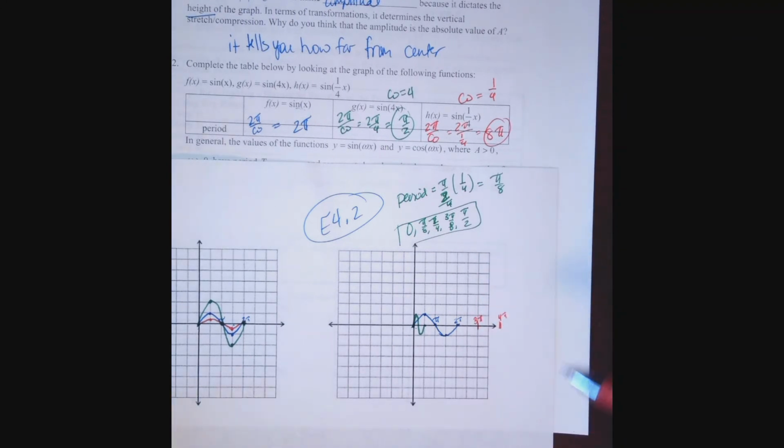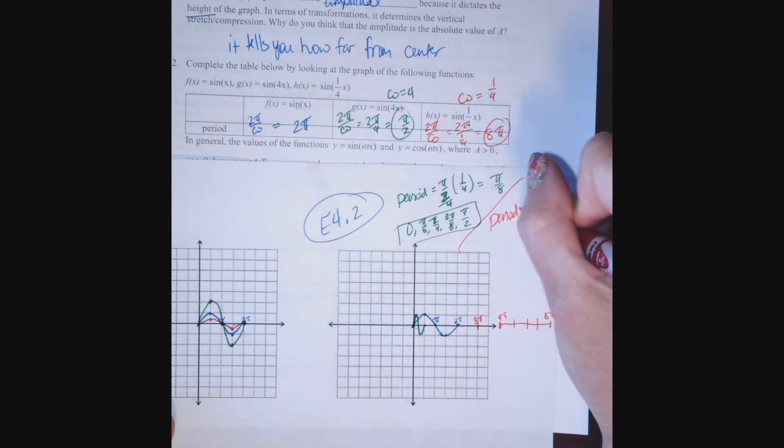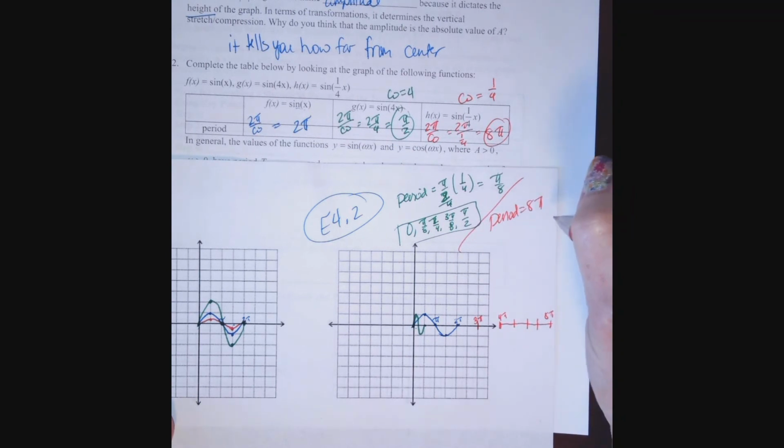I don't even know if it really was going to fit here. We're going to try if we can get to 8 pi, 5 pi, 6 pi, 7 pi. This doesn't fall out very well, but we're going to try it. So if my period is 8 pi, if I divide that by 4, I have a point every 2 pi.